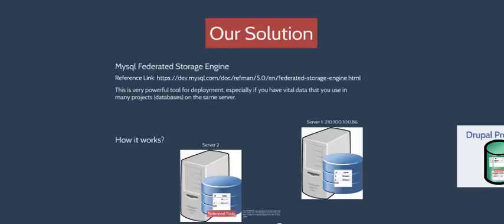How does it work? Suppose that you have a remote server, server 1, and you create a table there. Then, in a local server, you create the same table but with a Federated storage engine. That means that this table will not store data, and each query that we perform against the Federated table will be executed across the internet on server 1.